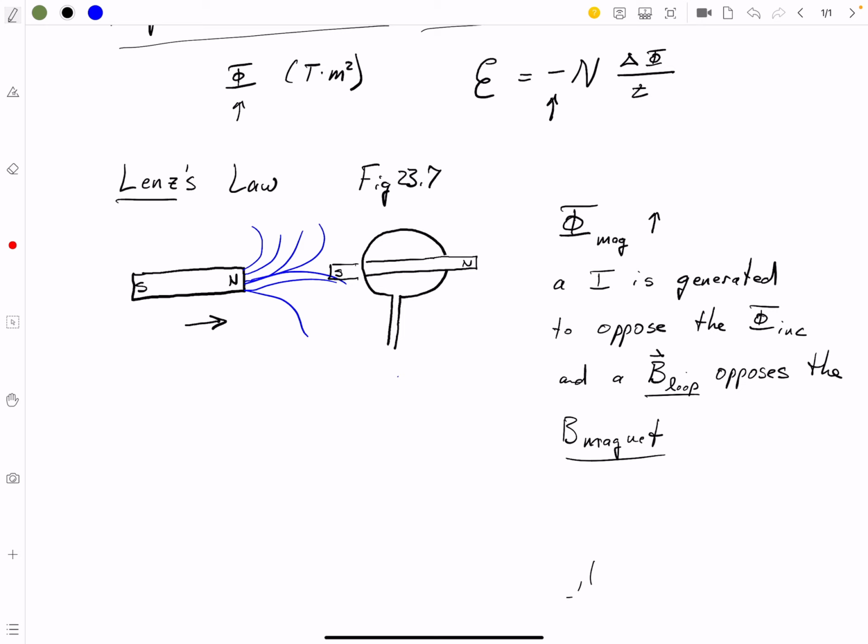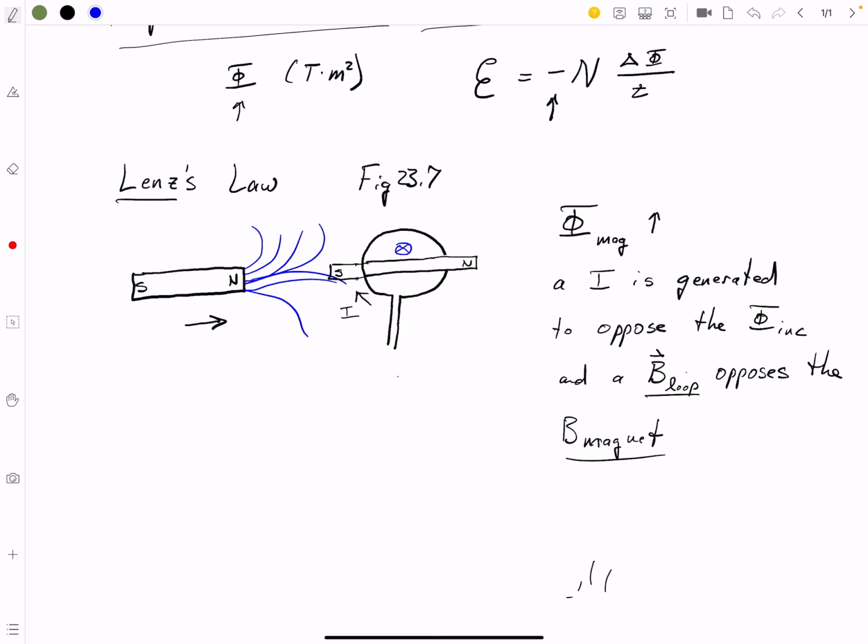So the magnet's going through the loop, and so we can see that the loop is going this way. And as we're doing that, once it's inside there like that, of course, the magnetic field we've already seen is roughly the same, right? However, as it's being inserted in this direction, the current wants to go this way, and that generates a magnetic field from the loop that is going that direction, okay?